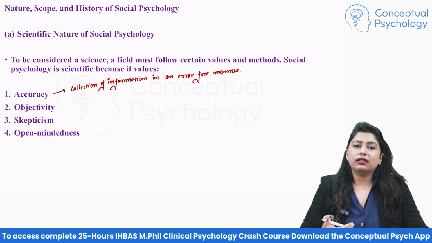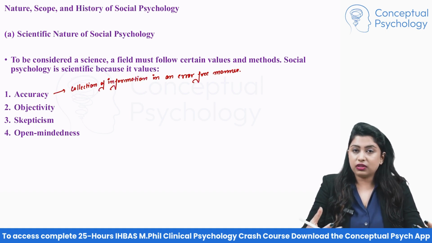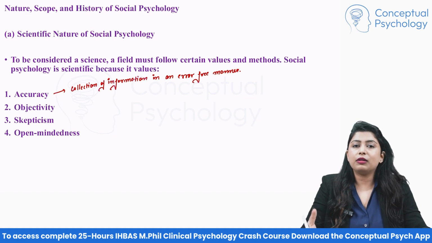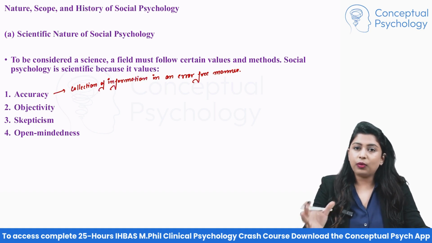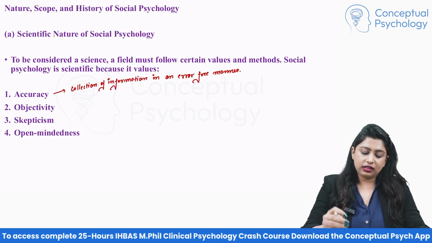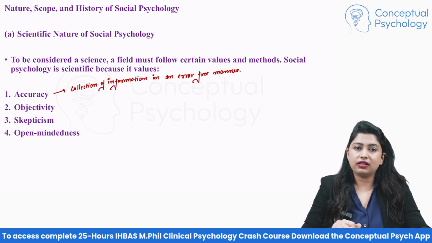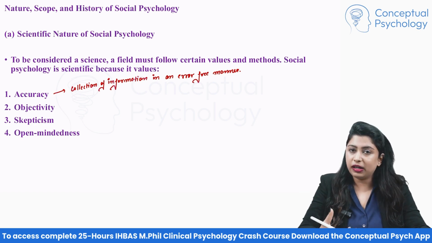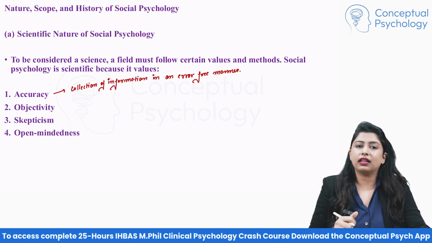For example, running experiments to test whether people really help strangers more when they are in a good mood. This is an example of accuracy, where we run experiments to test certain things.